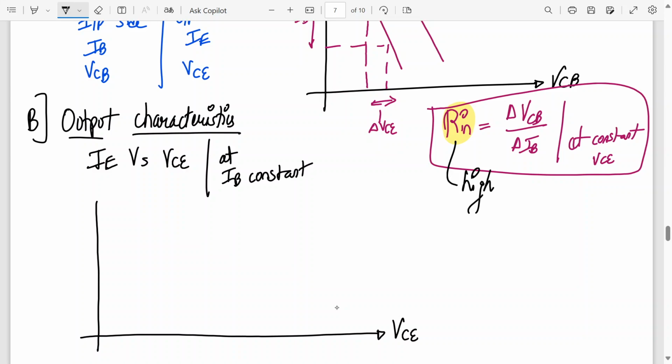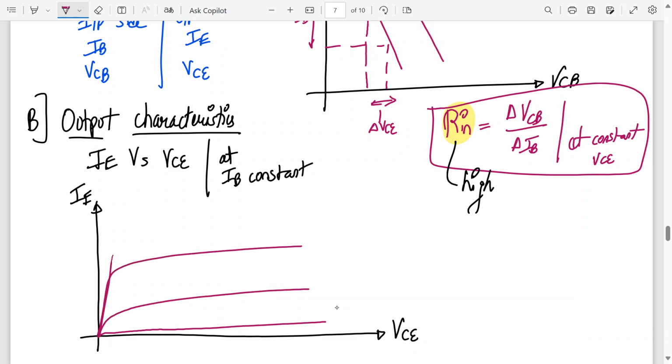We have VCE, and instead of IC we have written IE. So the graph will be exactly similar to what we discussed before. This is how the graph looks for different values of IB: IB4, IB3, IB2, IB1, all constant values.